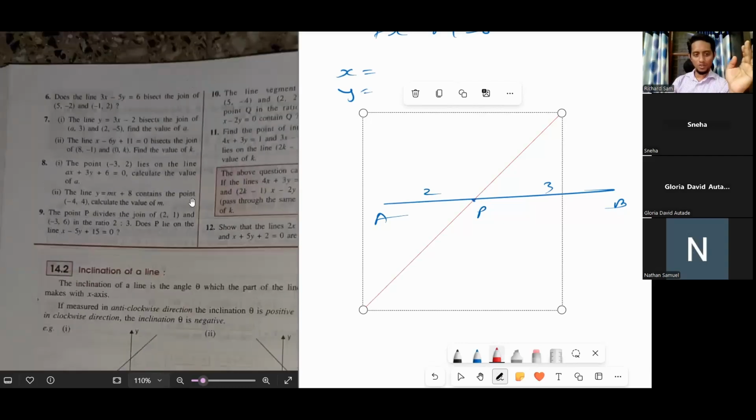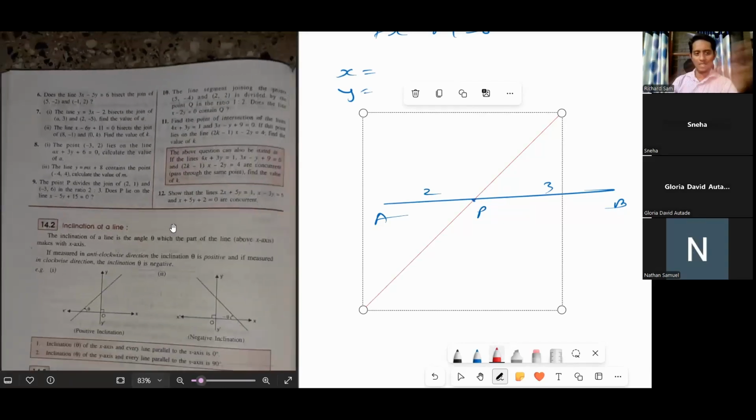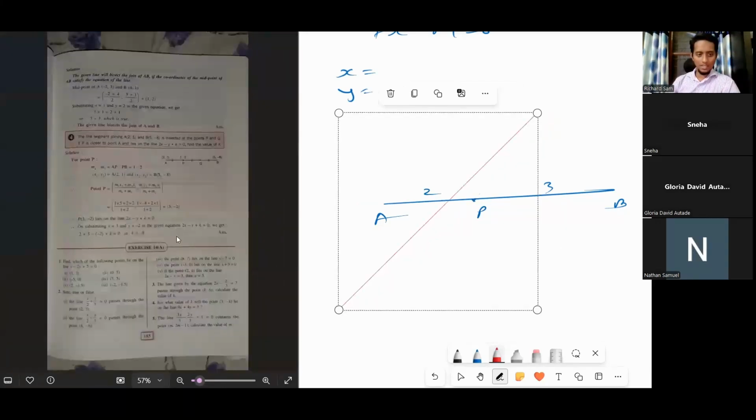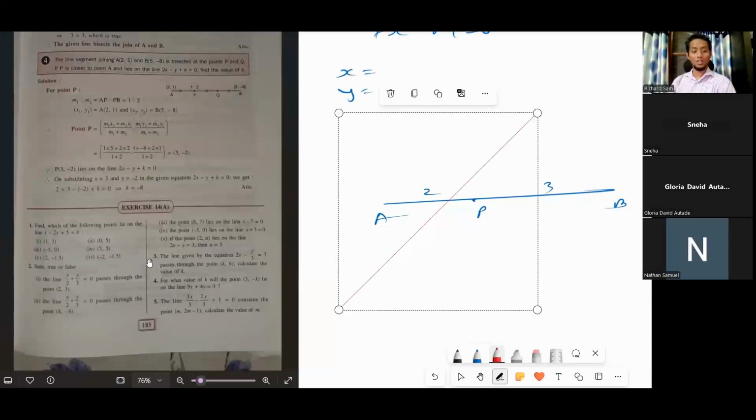Okay, so I want you to solve as many questions as you can from the A exercise. The more you solve, the better for you. Homework is not a task that I'm telling you to do. It is something that you do so that you clear up the chapter and keep on moving ahead. In fact, I will suggest you do all this and also do previous years' questions from whatever you have.